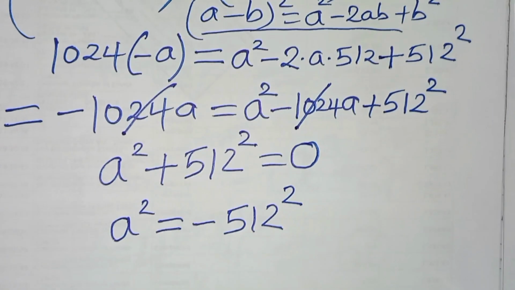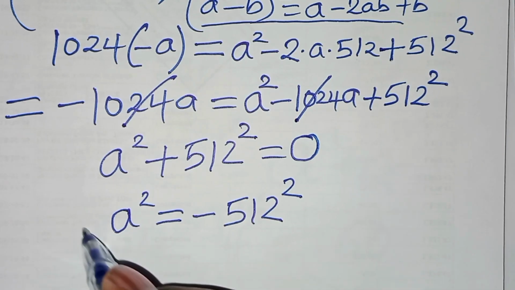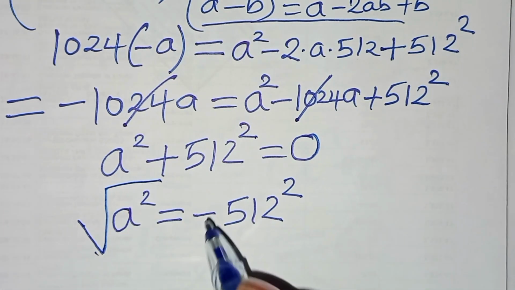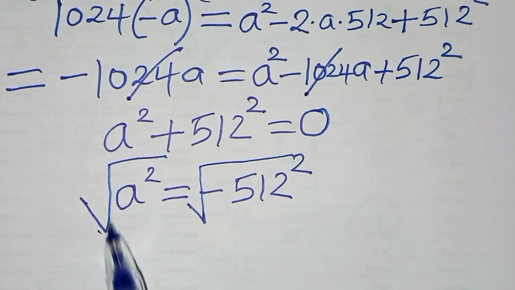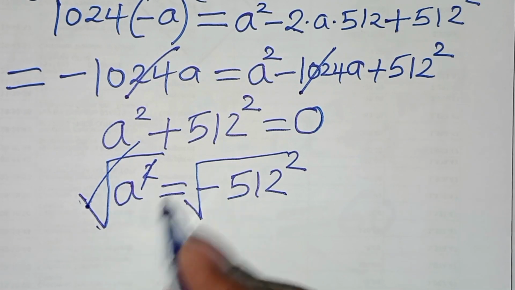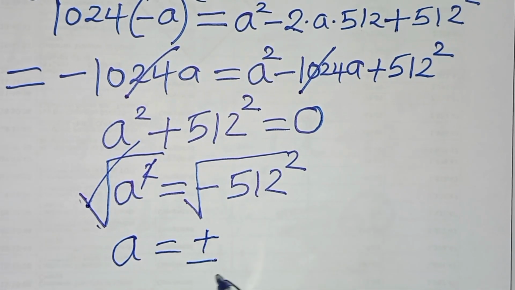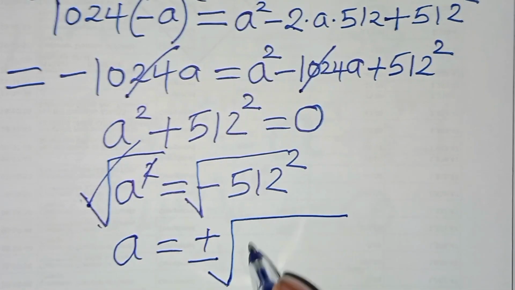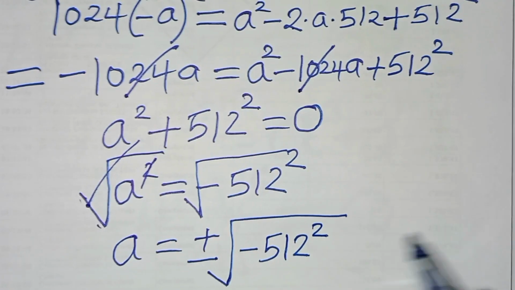The next step here, let's get the square root on both sides. We eliminate the square root sign so that a is equal to plus or minus the square root of negative 512 squared.